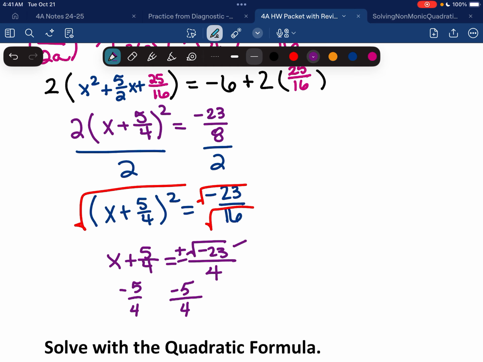And at the same time, I'm going to look at this negative 23, and I see negative 1 is an i, and 23. Square root of 23 can't be simplified any more than that, so I'll have x equals negative 5/4 plus or minus i root 23 over 4. And that's my final answer.